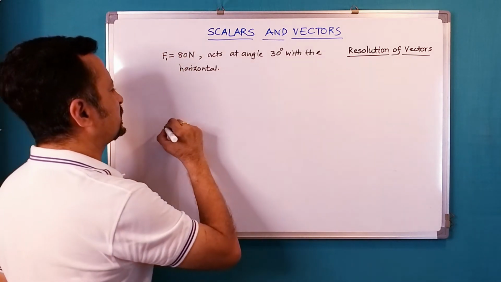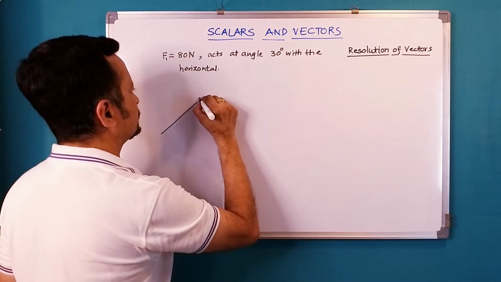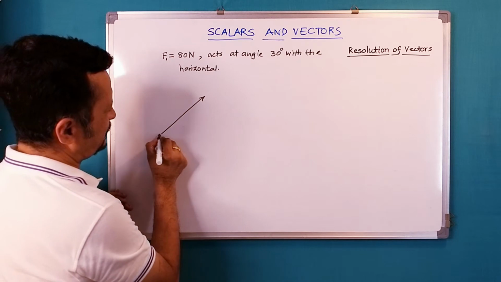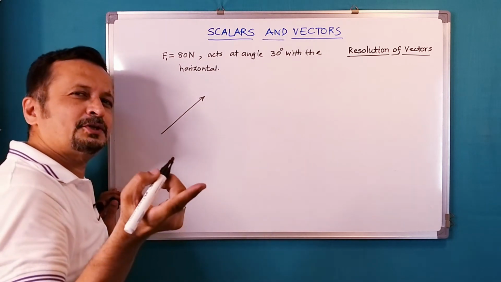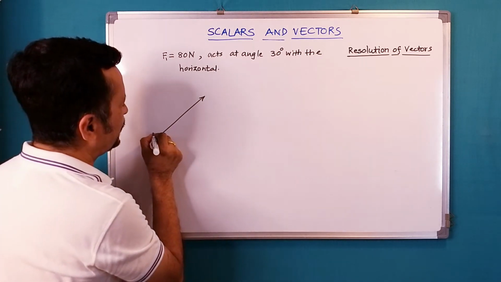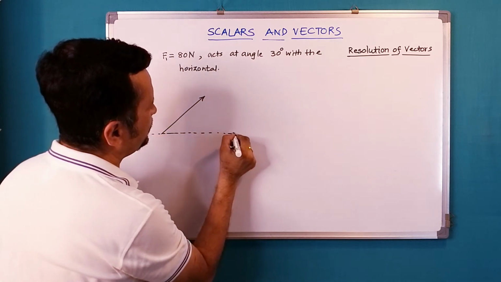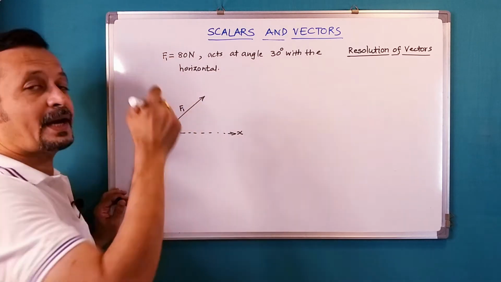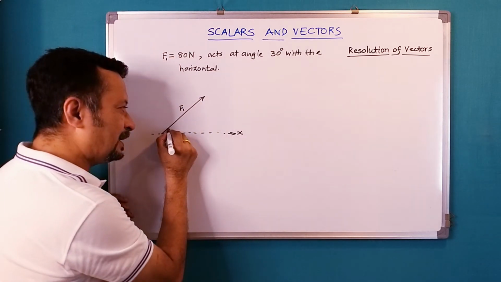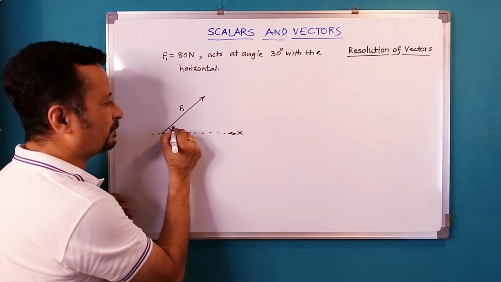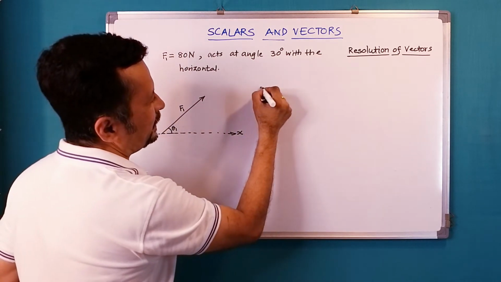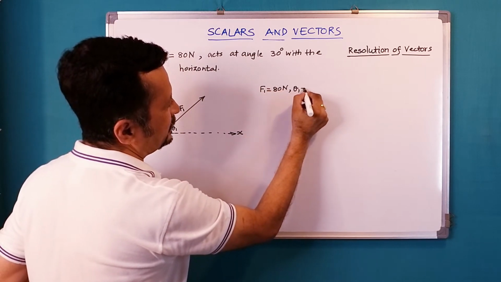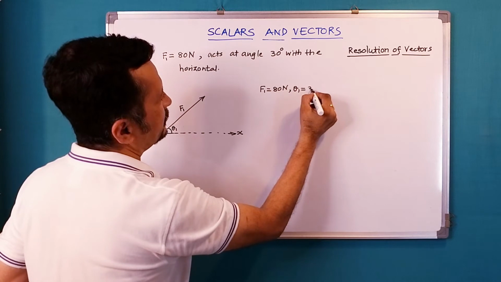Now I'll draw this F1. Does it look 30 degree? It doesn't, but then it's not a to-scale drawing. So let me have my x-axis here, and this is my F1, and F1 magnitude is 80 Newton, and the angle made with the horizontal theta 1, and I say F1 is equal to 80 Newton, theta 1 is equal to 30 degree.